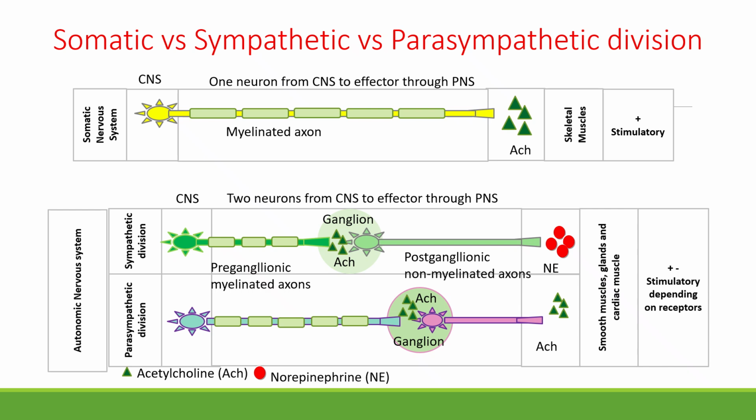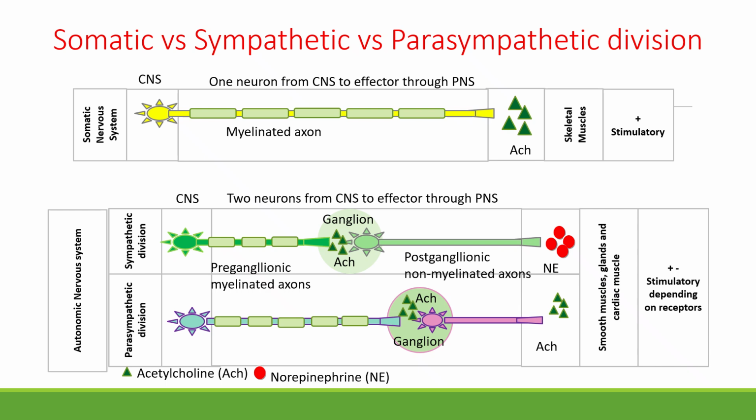When we're in the central nervous system and we're talking about the sympathetic division, you have what's called the preganglionic myelinated axon, which is going to release acetylcholine at the ganglion onto the postganglionic non-myelinated axon, and that's going to cause the release of norepinephrine onto smooth muscles, glands, and cardiac muscle. And depending on whether it is a stimulatory or inhibitory receptor will depend on our response.